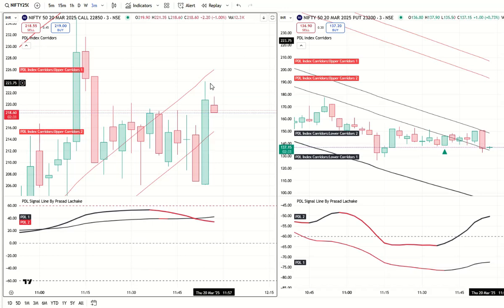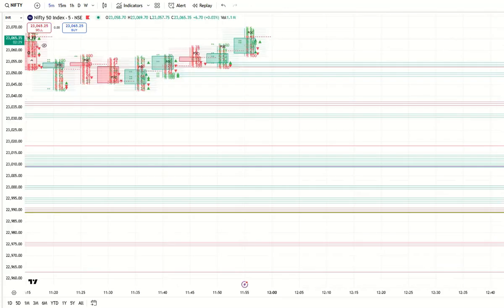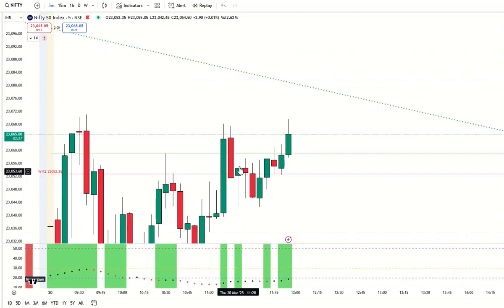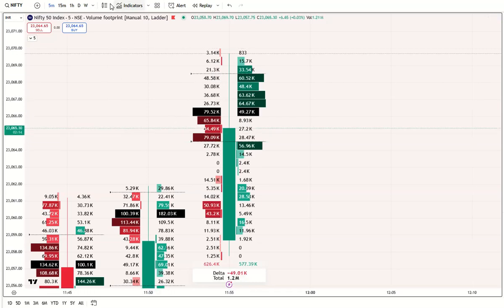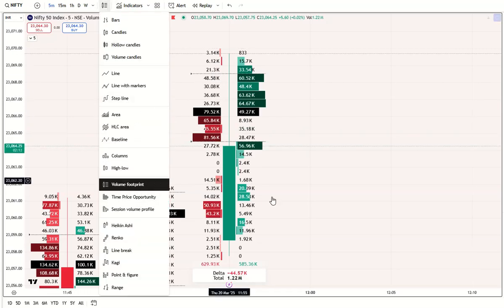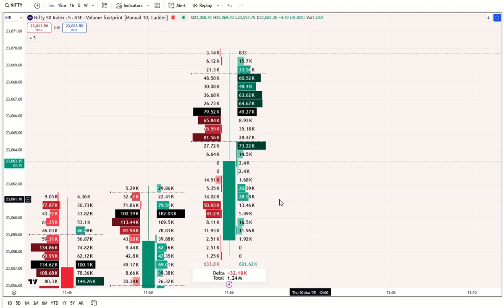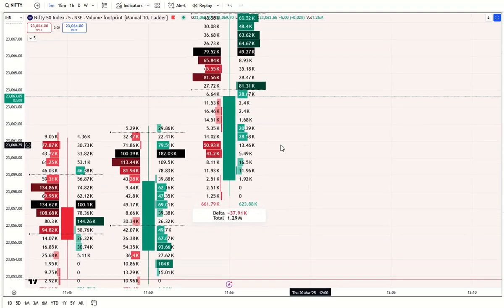There's a 15 points up, right? And we clearly discussed, okay, this push is only to clear the pending orders, and then we have seen good upside momentum, right? Hope you know how to look at the new TradingView volume footprint related information, and hope this helps you. Okay, yeah, thank you.